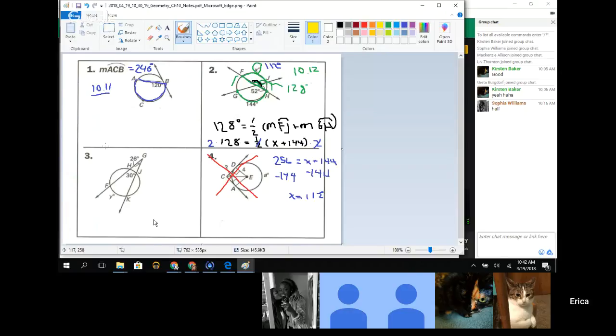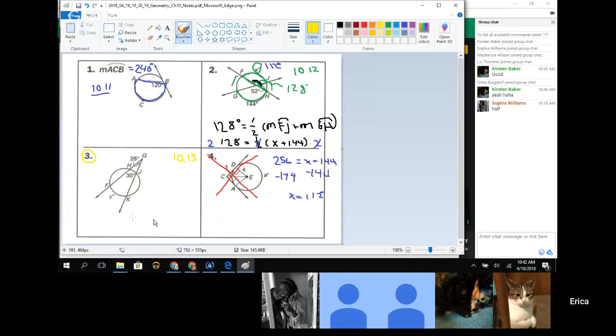Okay, my last problem here. I used theorem 10.11, 10.12, so I think I'm going to use 10.13. No, I am going to use 10.13, and that is because I have two secants that make an angle outside of my circle, right?